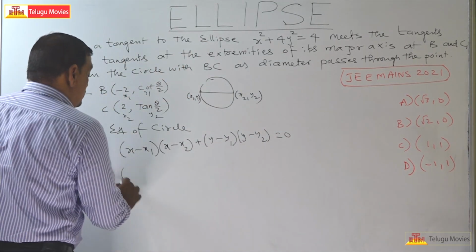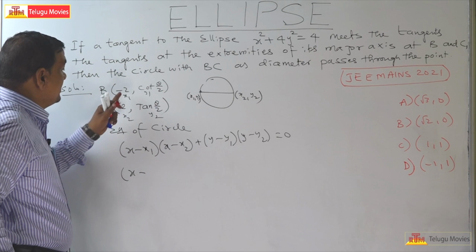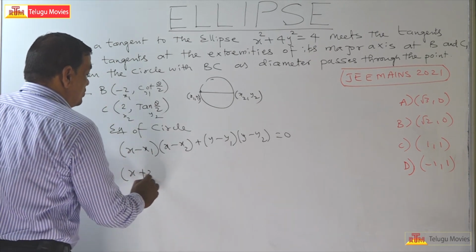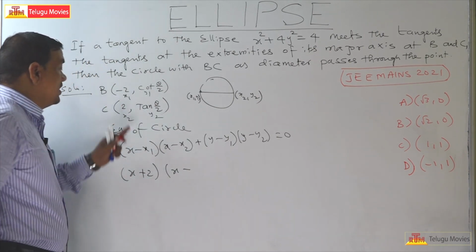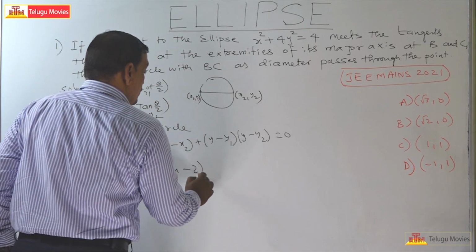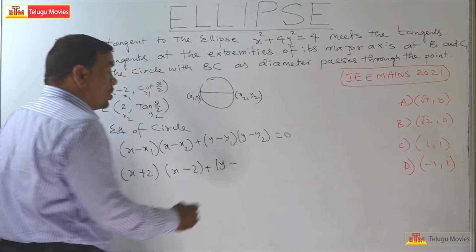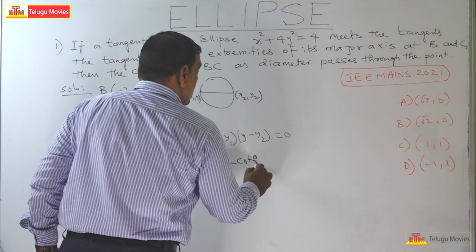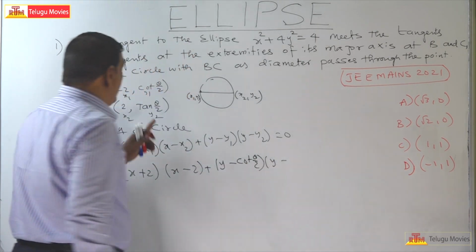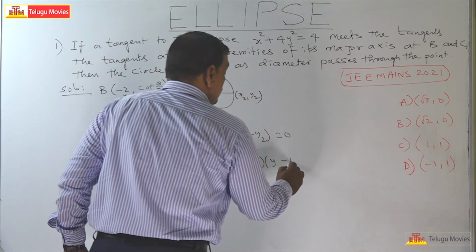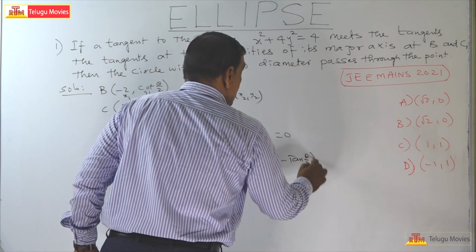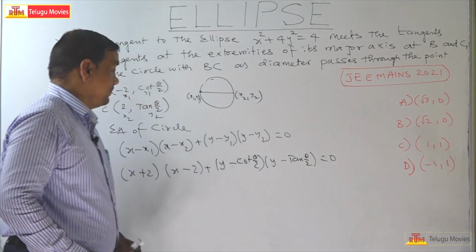Now x minus x1 means minus 2, that is x plus 2. x minus x2 means x minus 2. Then y minus y1 means y minus cot theta by 2, and y minus y2 means y minus tan theta by 2, equal to 0.